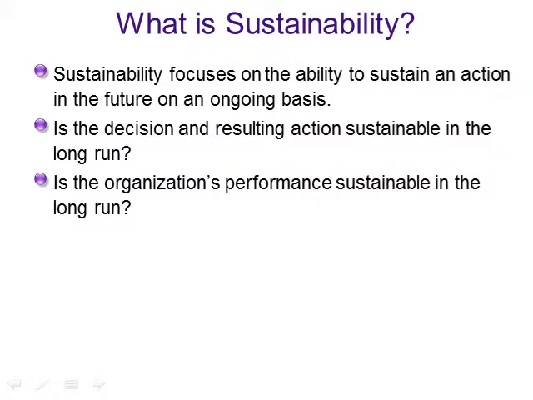So we're looking at repeatable, deliverable results, period after period after period, not just a huge impact on profit the first period because there was some extraordinary event that occurred, but we'll never see that profit level again, or a huge impact on the environment, but we won't ever see that again because we sold a plant. When we talk about sustainability, it's really the ability to make a decision that results in a long-term action that is sustainable.